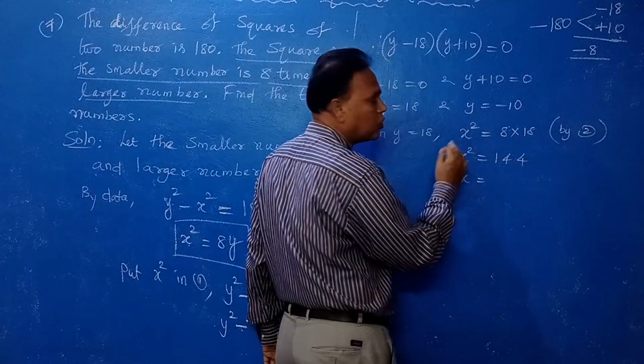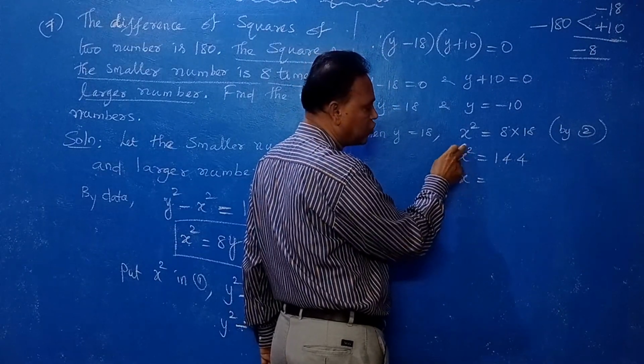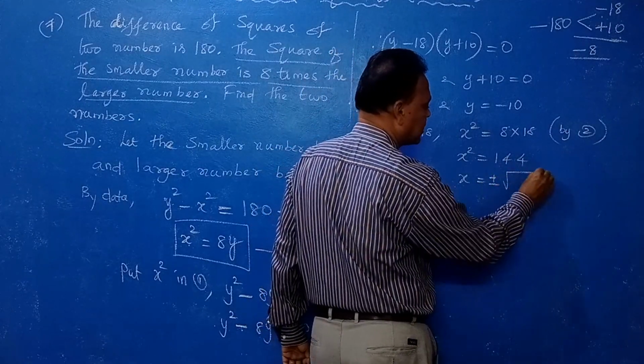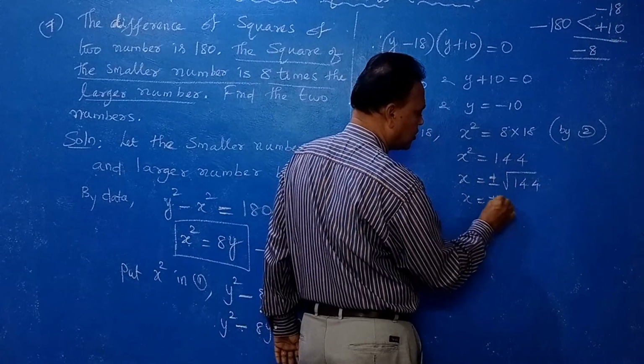Now take square root on both sides; the square will be cancelled. So x will get, when you take square root, plus or minus. Plus or minus square root of 144. So x is equal to plus or minus 12.